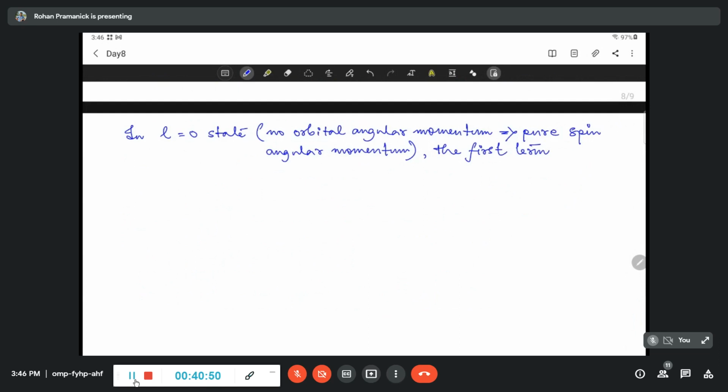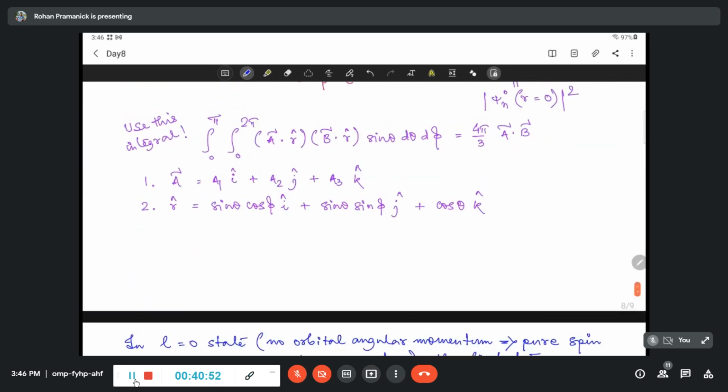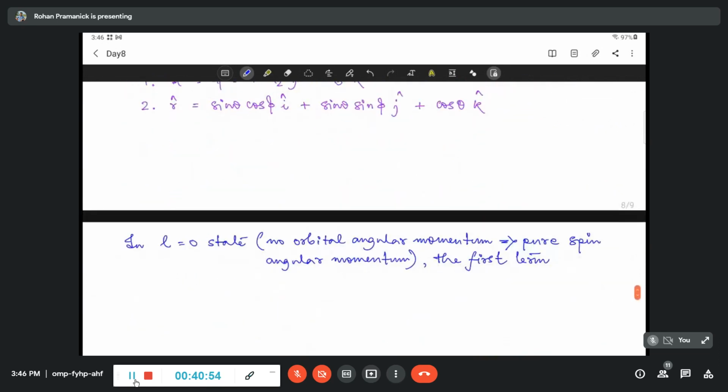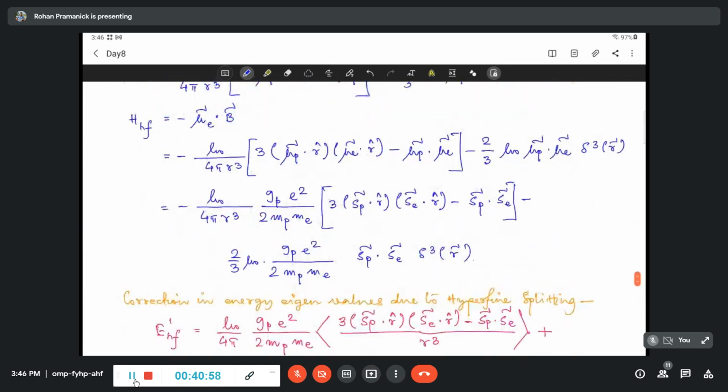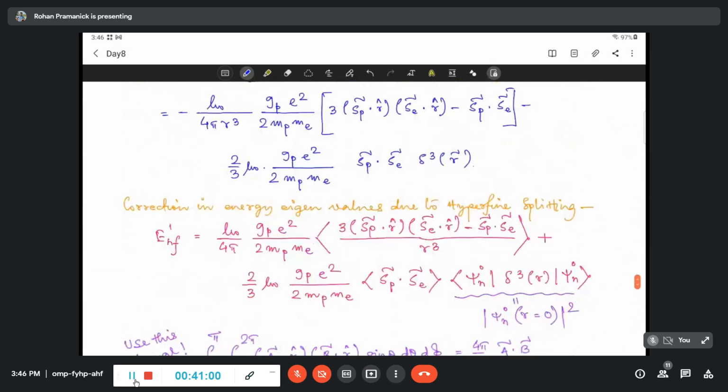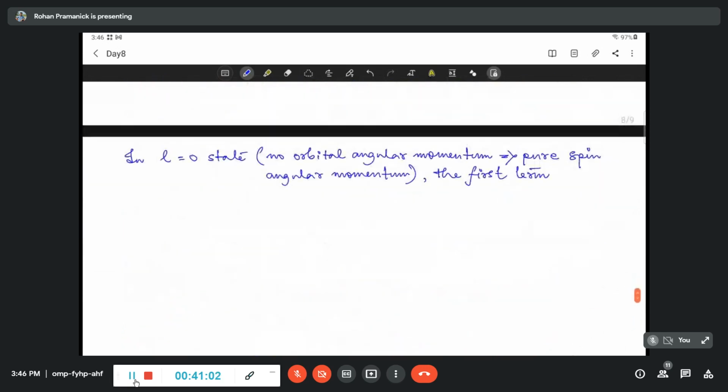If you use this formula for a dot b, you will find that the S_p dot r terms cancel with each other because there is also some S_p dot r sitting over here. So this first term goes to 0.